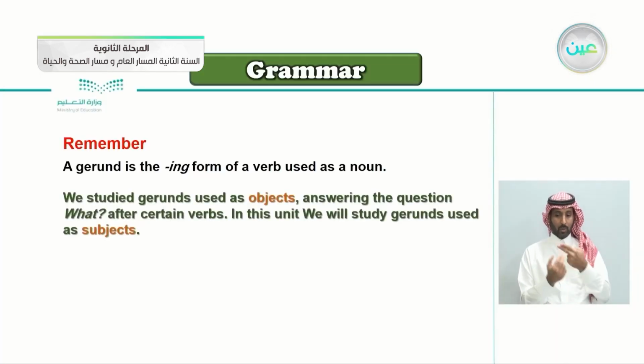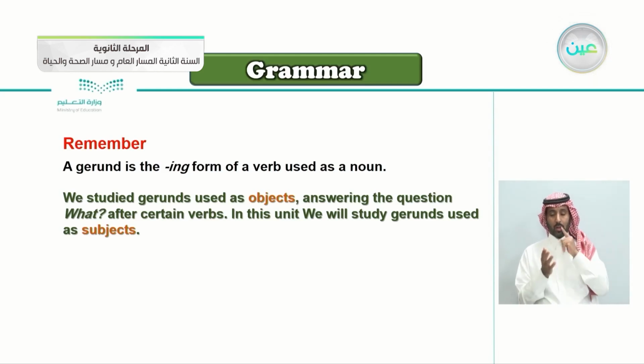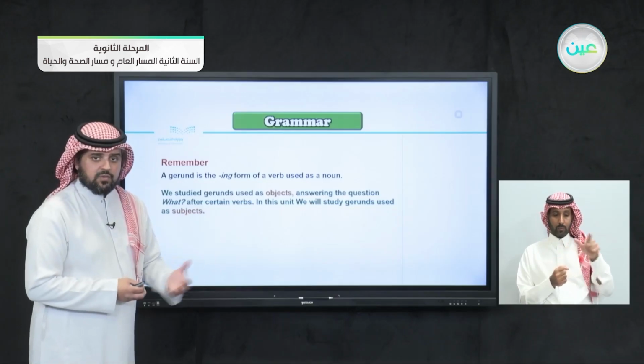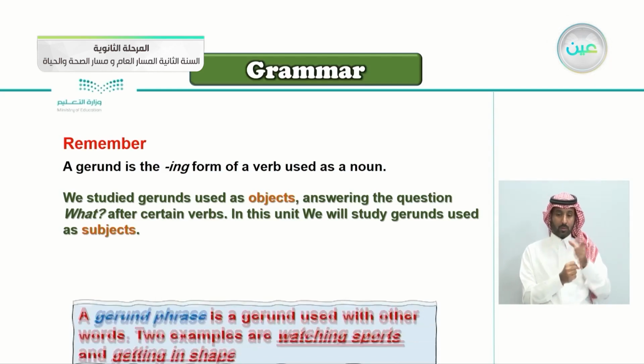We studied gerunds used as objects before, answering the question what, after certain verbs. In this unit, we will study gerunds used as subjects. So previously, we studied gerunds as objects, which answer the question what. But today, we'll be studying gerunds as subjects.